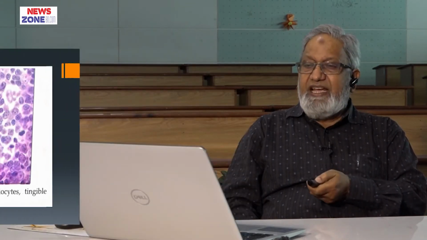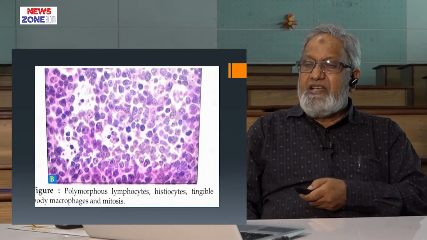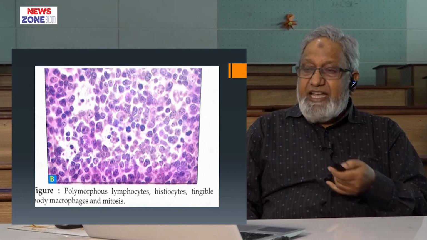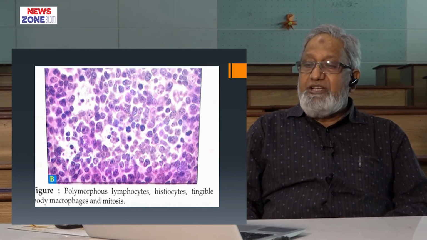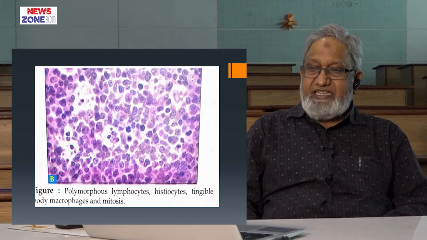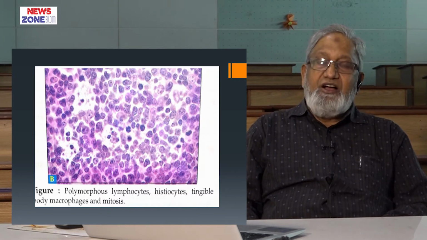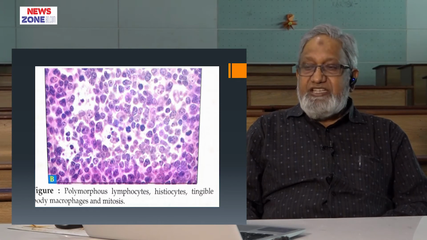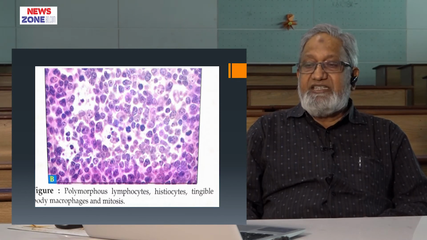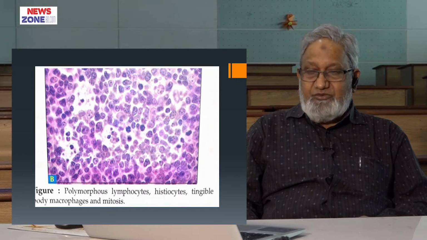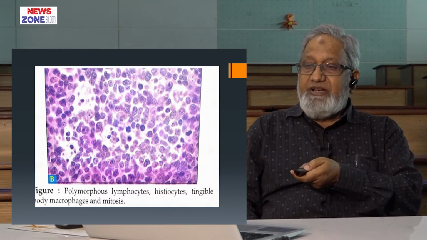Then you find another slide. In case of reactive lymph nodes, we usually report polymorphous lymphocytes. That means lymphocytes of variable stages of development and histiocytes along with tingible body macrophages. You see the tingible body macrophages here.